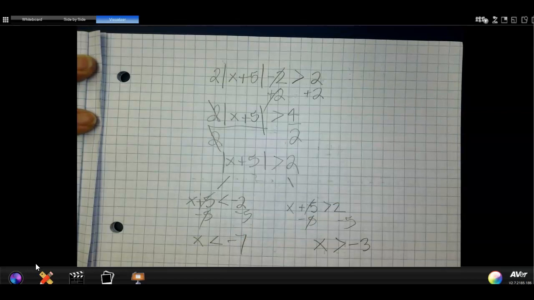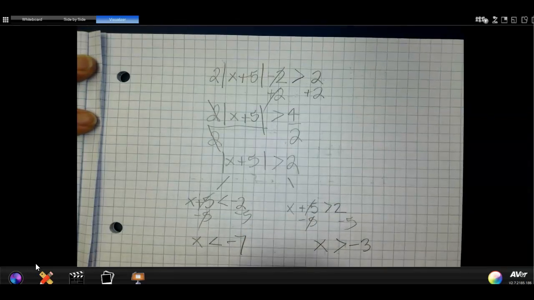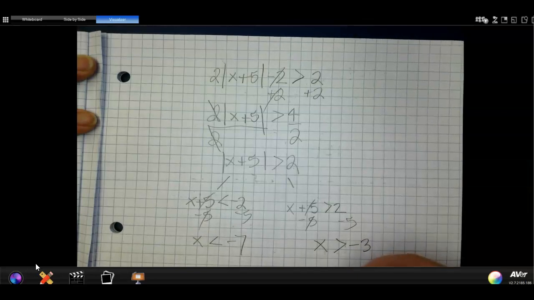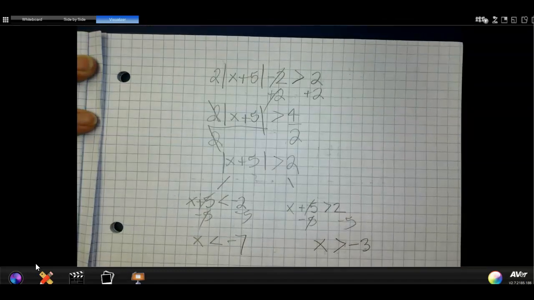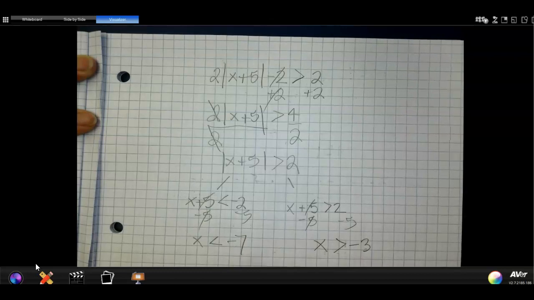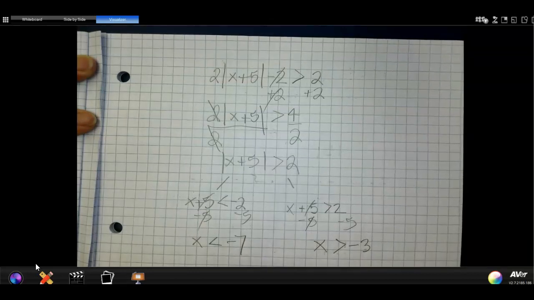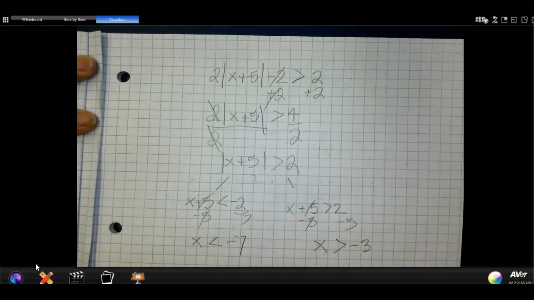Okay? So when I would go to graph this on my number line, I would just draw my 2 lines. Here's my value, negative 3. All my x's are greater than that. And here I have negative 7. And all my x's are less than that value.